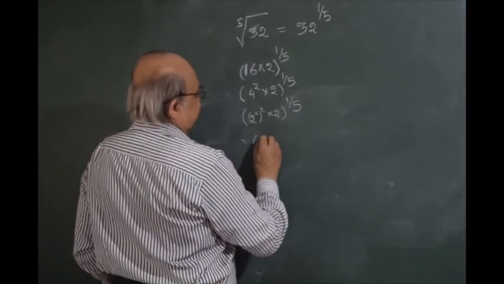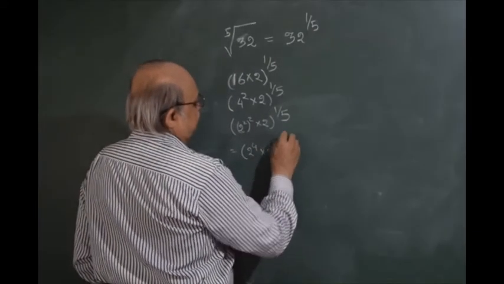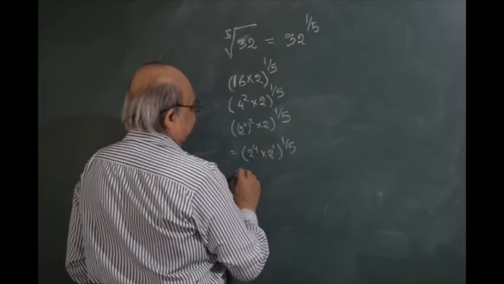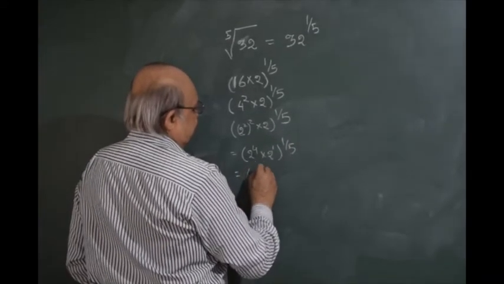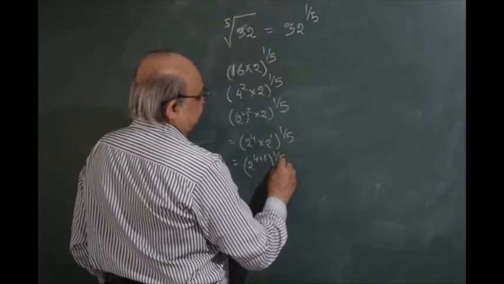This is 2 raised to 4 into 2 raised to 1, the whole raised to 1 upon 5. This is 2 raised to 4 plus 1, the whole raised to 1 upon 5.